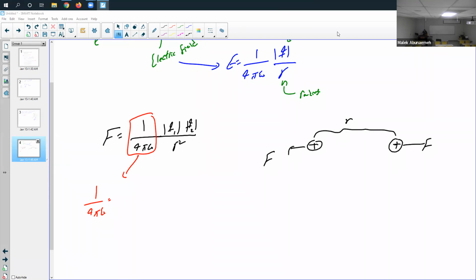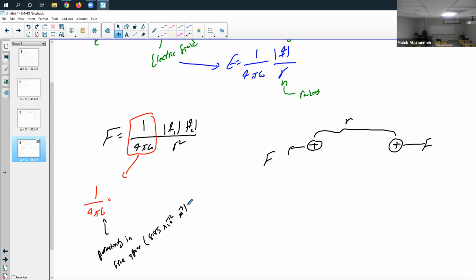Epsilon naught is going to be your permittivity. Let me go ahead and write this down, just as a reminder: permittivity in free space, which is going to be 8.85 times 10 to the -12.